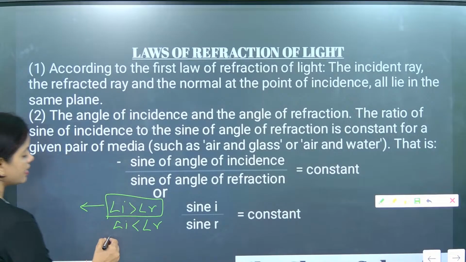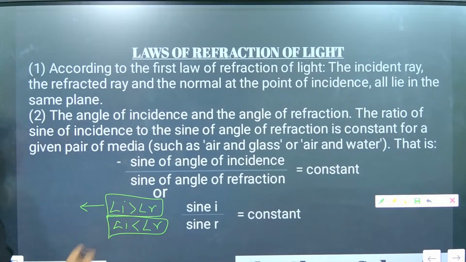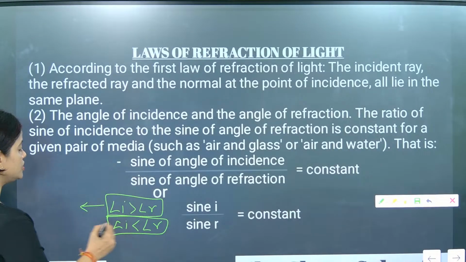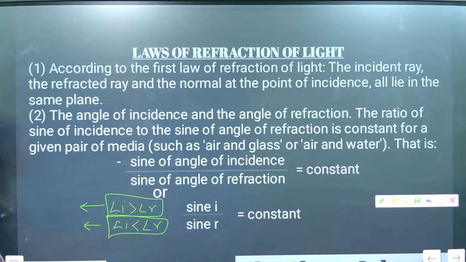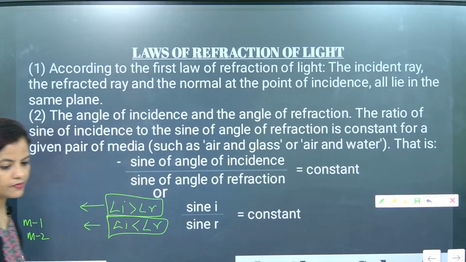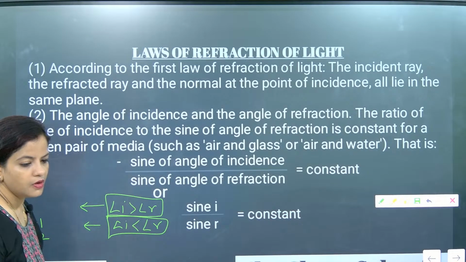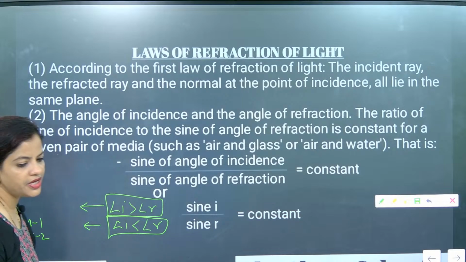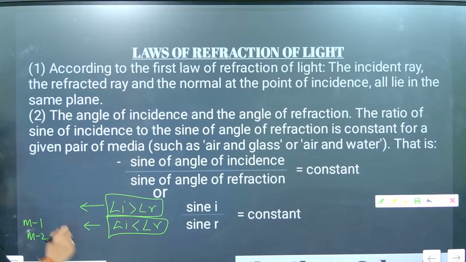Now, here when angle of incidence is lesser than angle of refraction, what is the answer this time? What is medium 1 and what is medium 2 here? Is medium 1 denser or rarer in the second case?